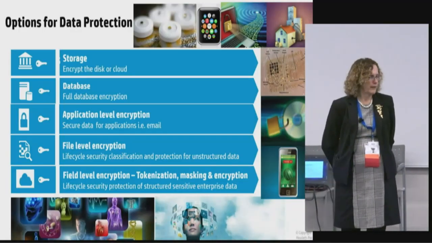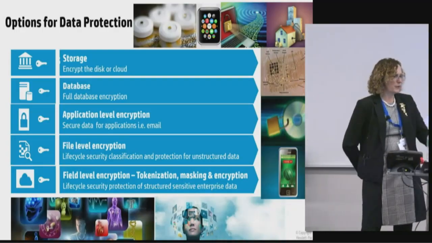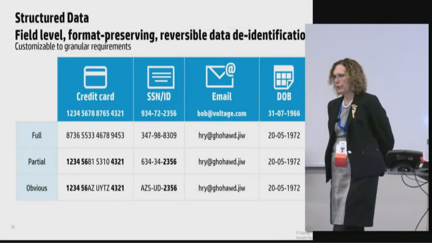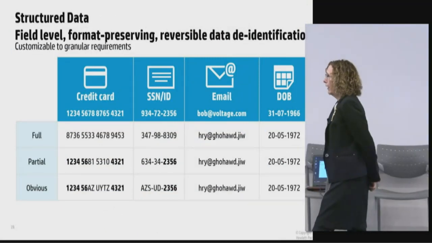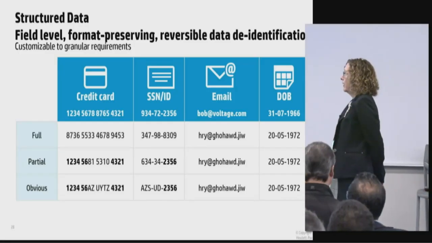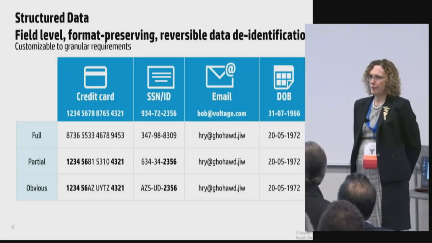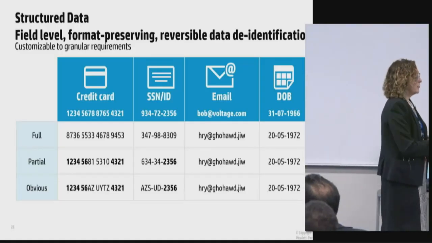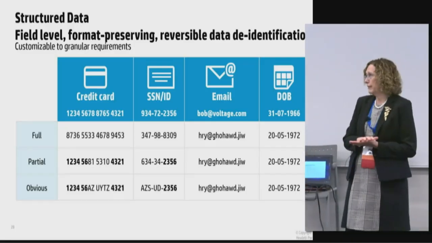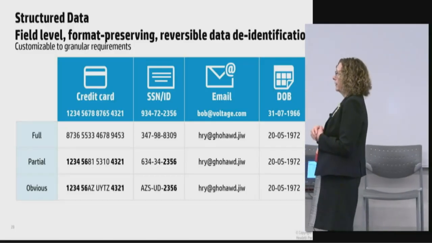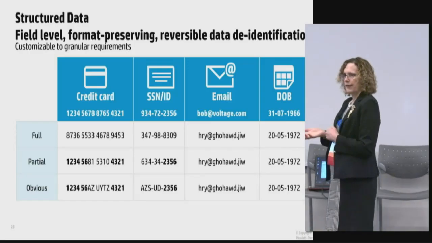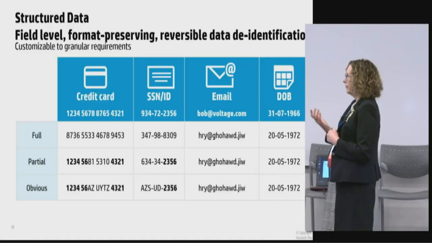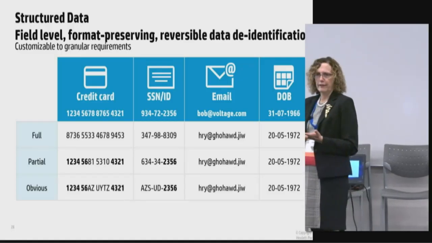It's much more interesting when you get into the file level and the data encryption itself. So now what's available is field level encryption, which gives you the capability to encrypt data in a particular field. Typically what we're seeing is people doing encryption on credit card numbers or social security numbers. Then even if somebody comes in and is able to suck all the data out of their environment, they're not going to be able to do anything with it.